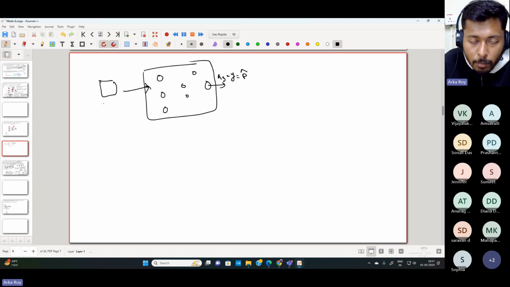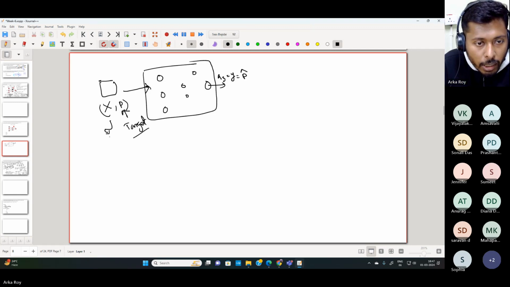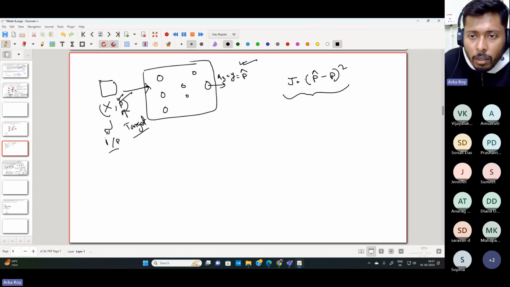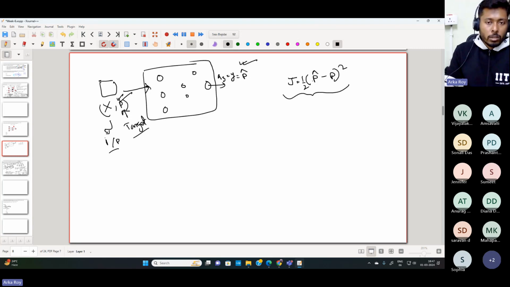In a classification problem, you are given an input image and its label, that is P, the target. Now your goal is to produce P, but you are producing P hat. So there should be a finite loss between these two. That is why you calculate P hat minus P whole square, or half into P hat minus P whole square.